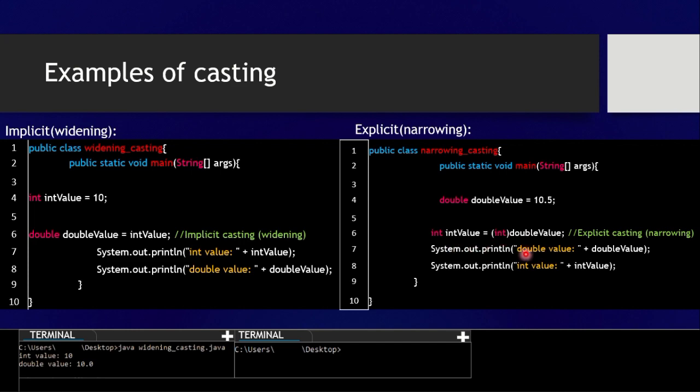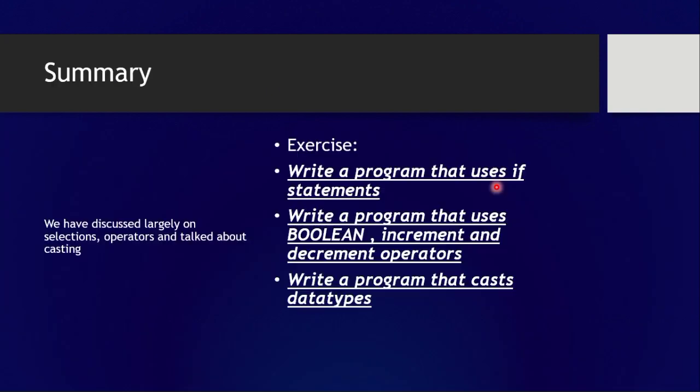And then we print double value equals double value, and print the int value as well. Then when we run our casting, we see that we get our double value, which is 10.5, and then we have narrowed it down to an integer, and our value is now 10. So I hope that helps you understand the difference between implicit or widening and explicit, which is narrowing.